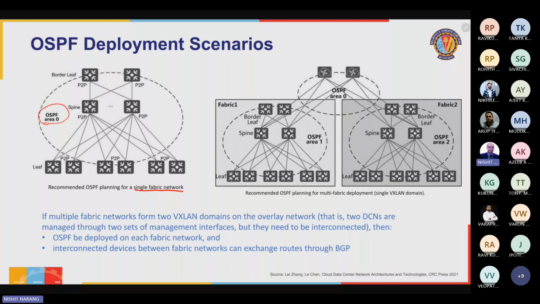But even when the size of the network is slightly larger, or when I'm using a multi-tier hierarchical structure like Facebook does, where I have multiple fabrics and then a super spine plane connecting all these fabrics together, I can use hierarchical OSPF. While we had not discussed hierarchical OSPF in a lot of detail earlier, it is a method where you can create areas.